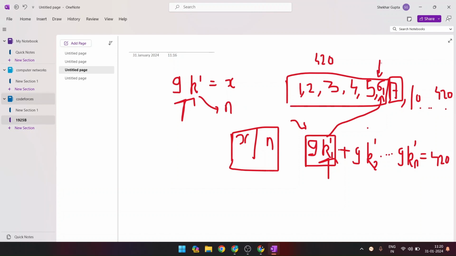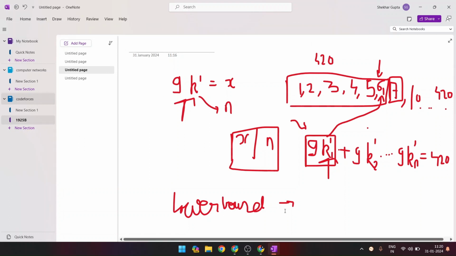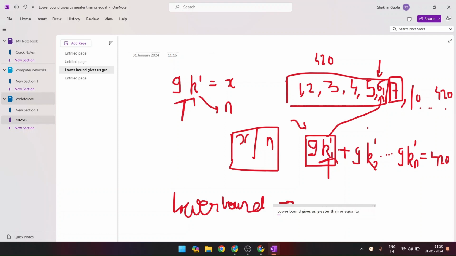And I want it to be equal to or less than. So lower bound gives us greater than or equal to, right?